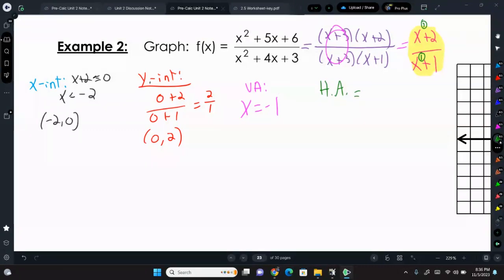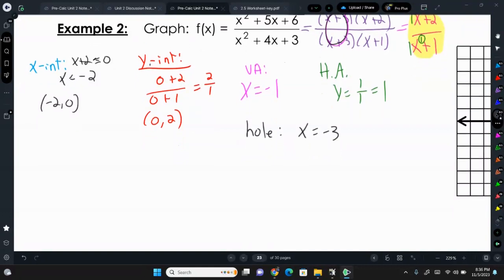So our horizontal asymptote is, like I said, the ratio of the leading coefficients, 1 over 1, the number in front of these x's, which is 1. And then we have a hole at x equals -3 because that's what makes that part equal 0.